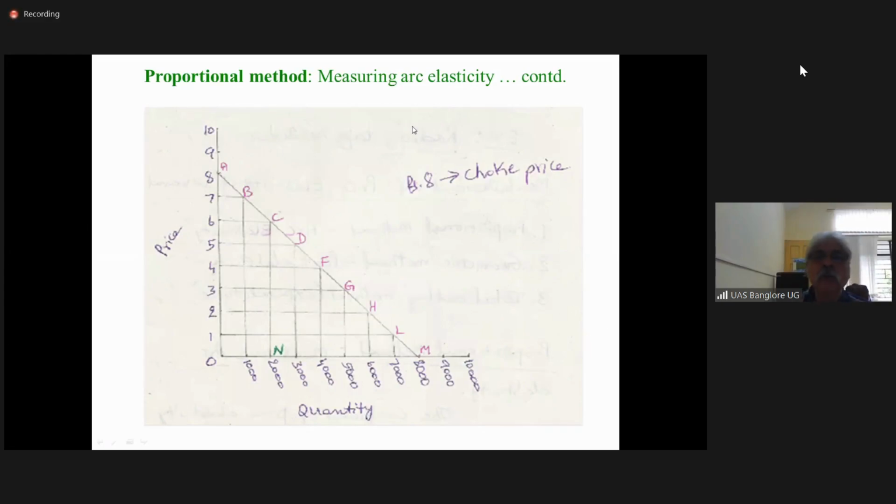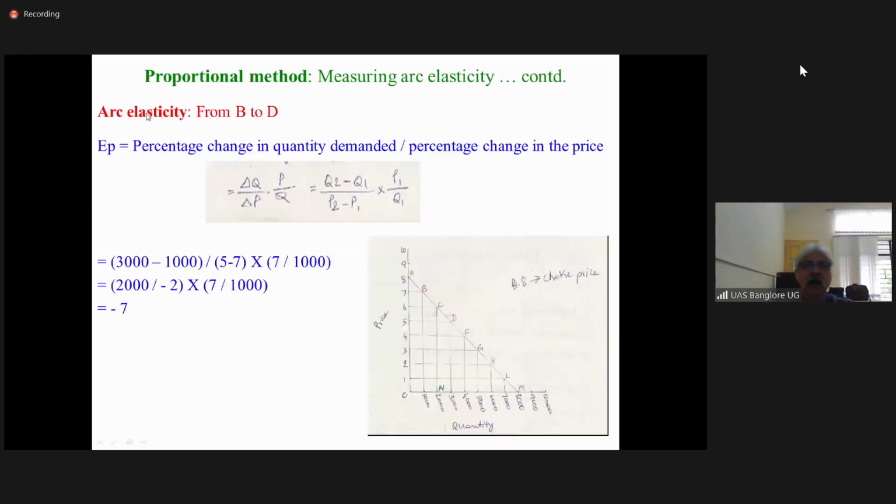Now, how to measure the price elasticity using the arc elasticity method, or proportional method. Suppose it is between the points B and D. Earlier I mentioned arc elasticity refers to measurement of elasticity between 2 points.